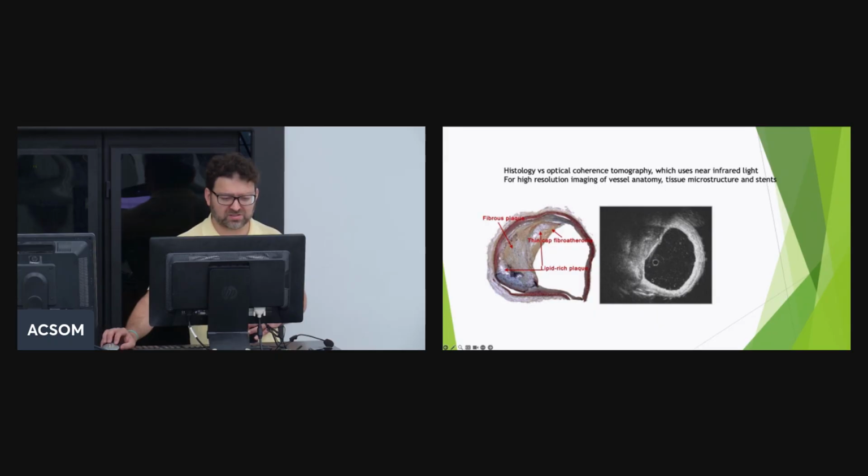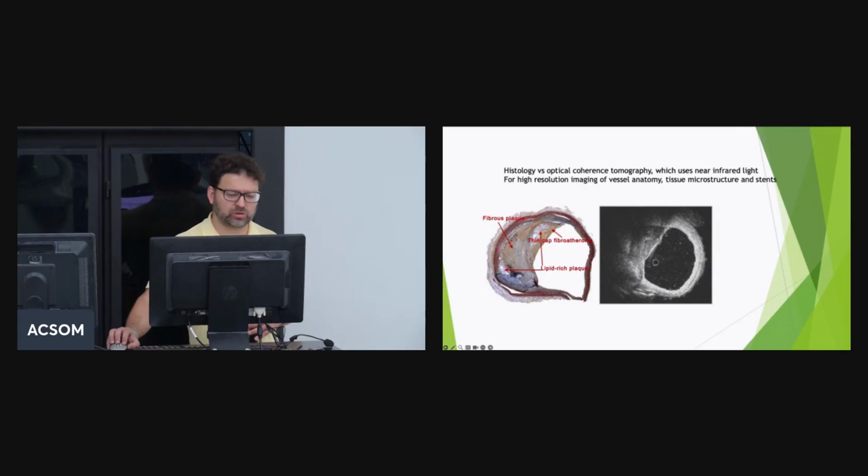On ultrasound, this is what it looks like: the lumen and the plaque. Here's the cap, and here's the lipid-rich core. Usually, when it becomes inflamed, this cap becomes unstable, and usually at the site of the rupture is what we call the neck.